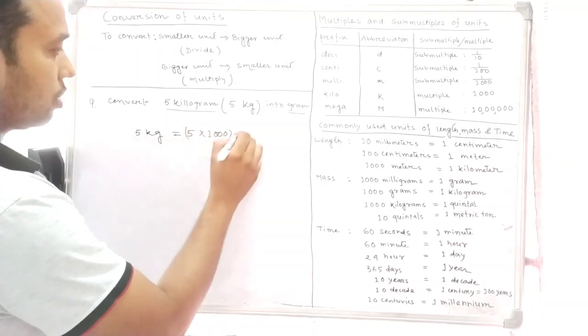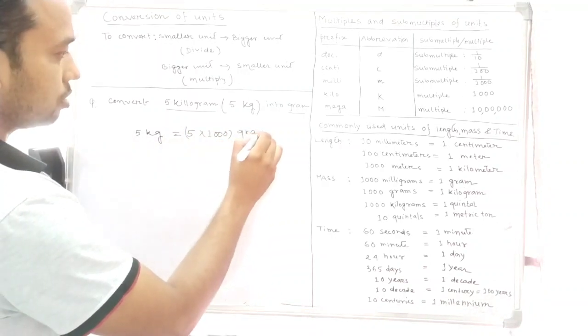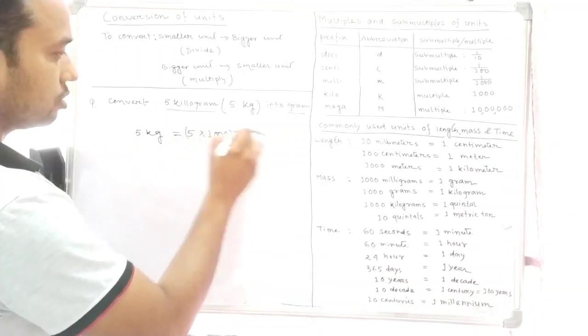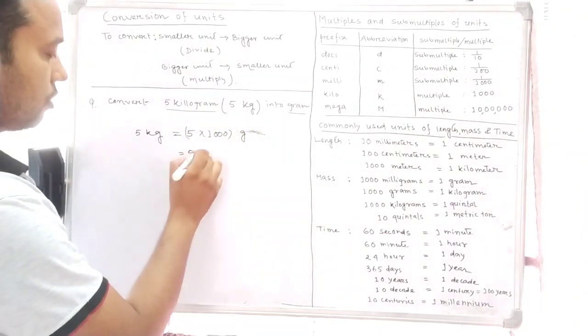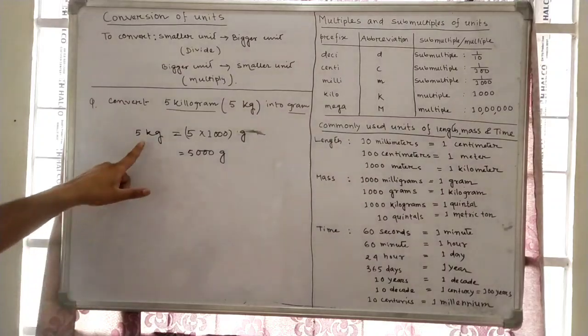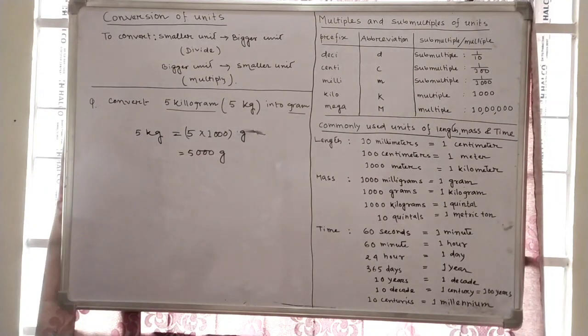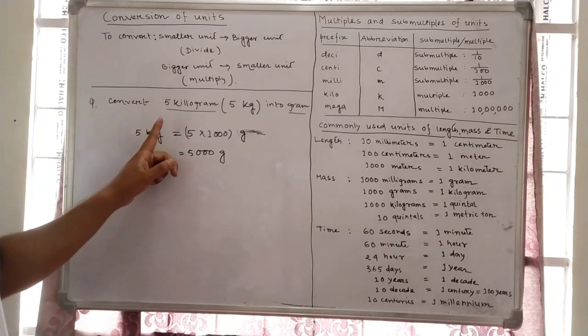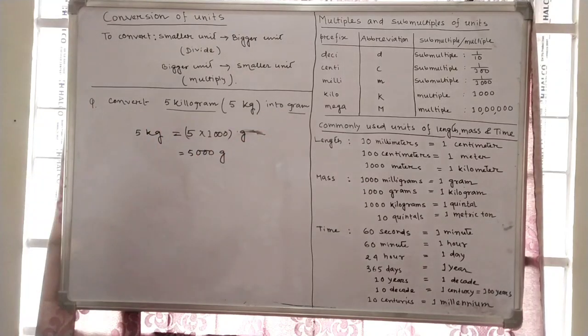Then it will convert into gram, or we can write simply g. So 5000 gram. So 5 kg equals 5000 gram. So in this way a value can be converted from a bigger unit to a smaller unit.